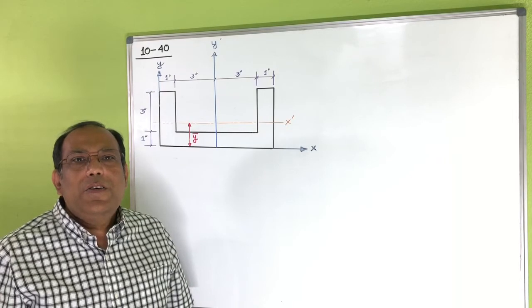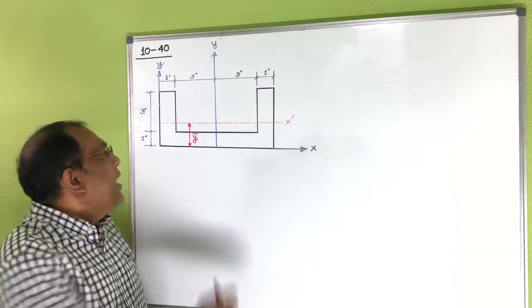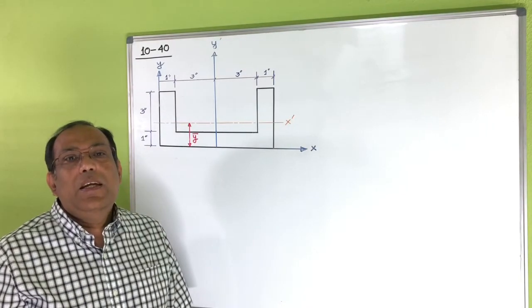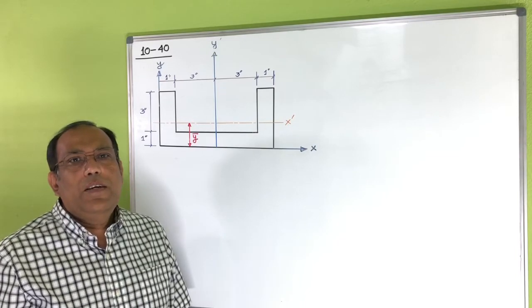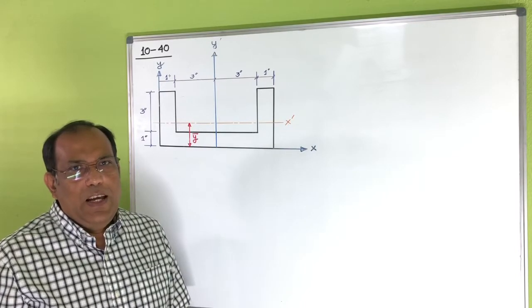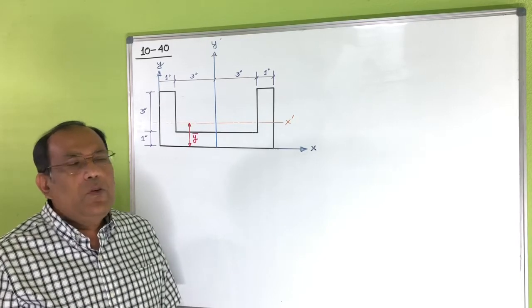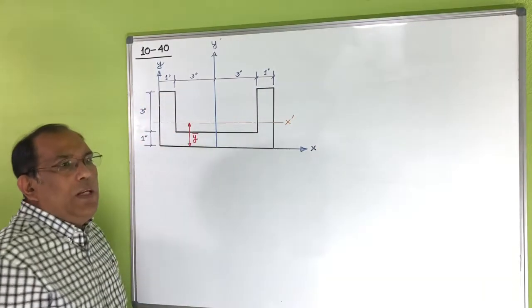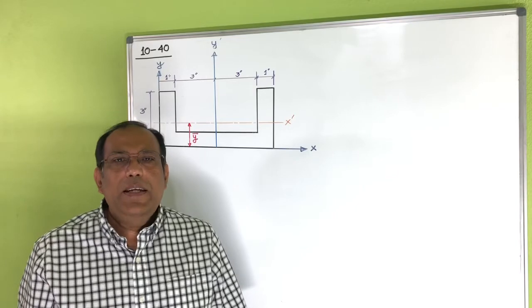So first of all I have to find out the y bar here, and once I get that, then we'll find the moment of inertia on that axis, right? So first of all, we have to divide this area into 2 or 3 regular shapes, right?